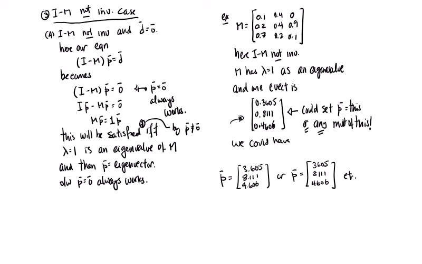So let me clear the screen. I'll look at one last simple example just to round things out, of when I minus m is not invertible and d is not 0, and how that can possibly arise. So b, we'll say I minus m not invertible and d not being 0.